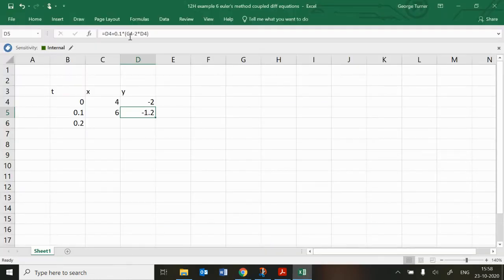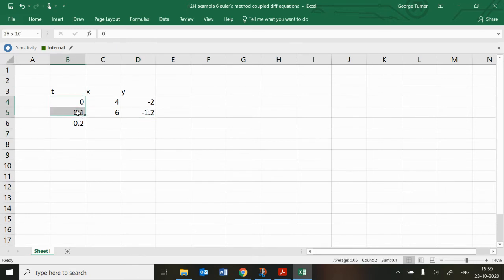So dy/dt was x, that was C4, minus 2 lots of y, that was in here, the blue cell. Still got the same step length there of 0.1. And I'm adding this on to the previous y value because this is how y is changing given this gradient, dy/dt. So that's how y is changing over time.